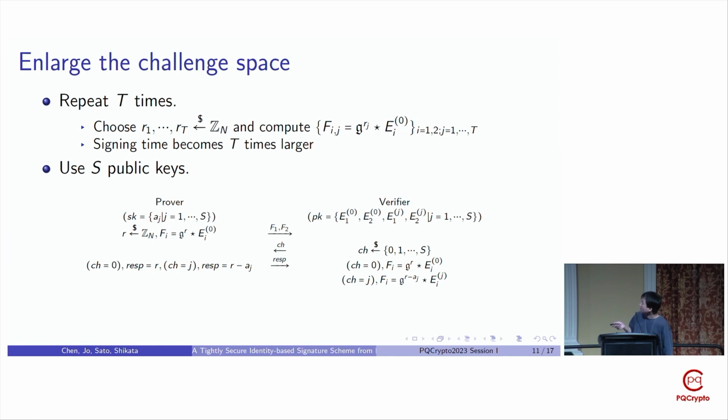By using S public keys, the challenge space becomes log S plus each time larger. So to achieve lambda-bit security level, T times log S plus each needs to be larger than lambda.